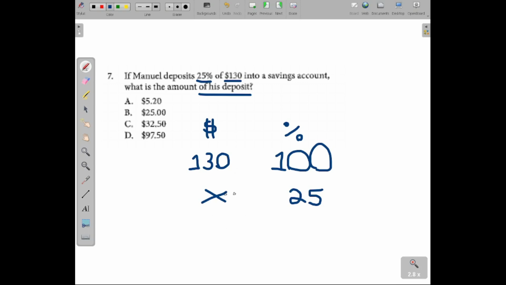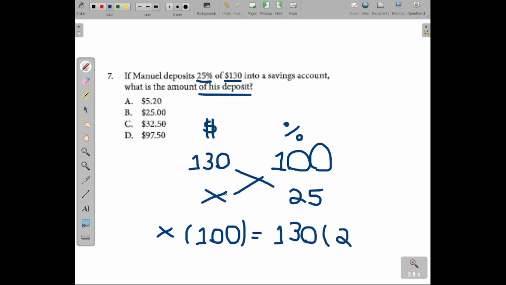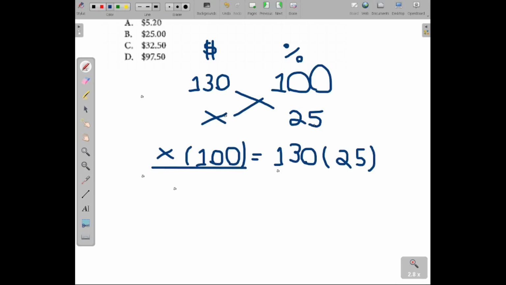Now we do the cross multiplication: x times 100 is equal to the other multiplication, 130 times 25. We need to divide by 100.